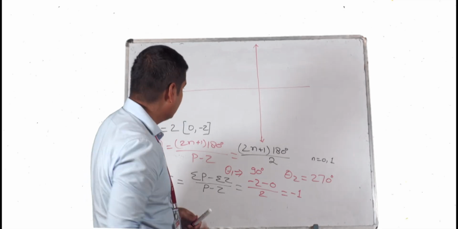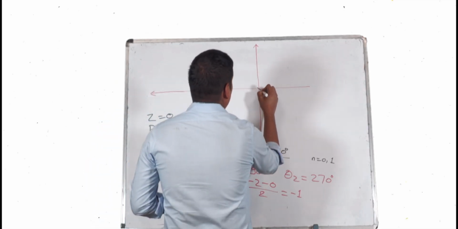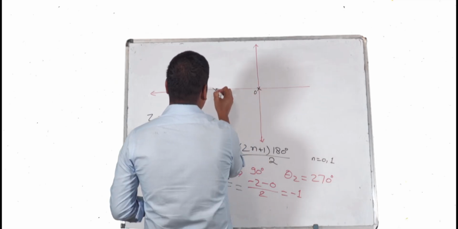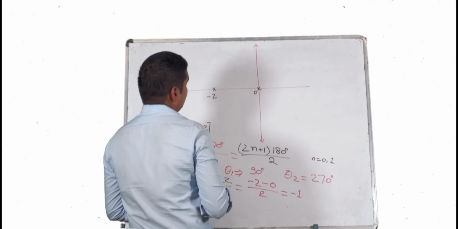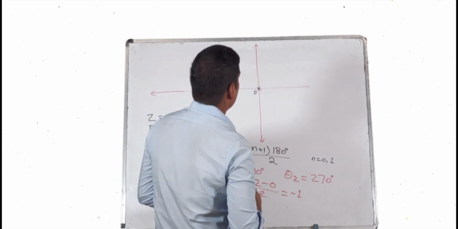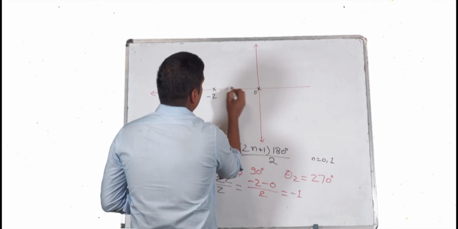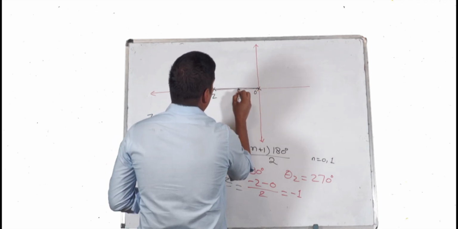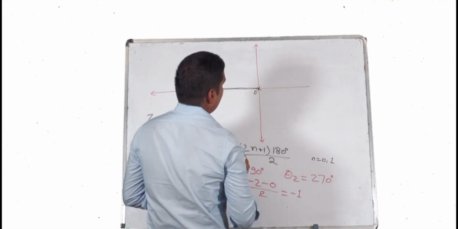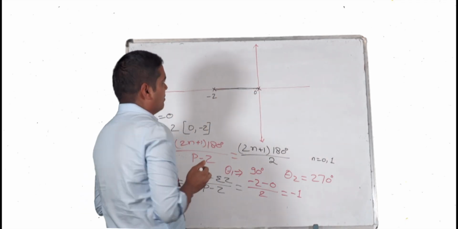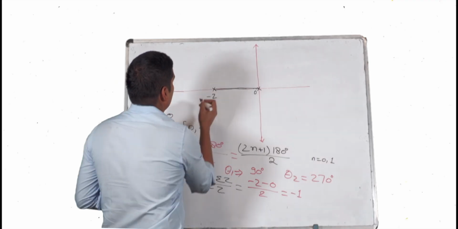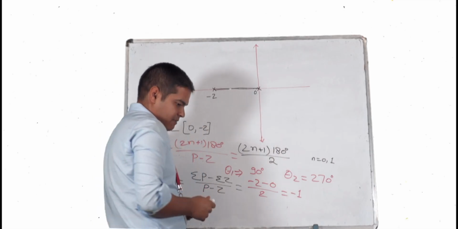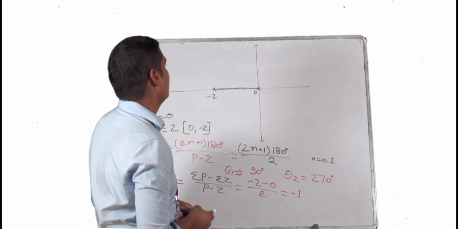First we will mark the location of poles. The first pole is here, at 0, and the second pole is lying here, at minus 2. Let us mark the region where the root locus is going to exist. This region is going to be part of the root locus, because the number of poles and zeros on the right hand side of this part is 1, which is odd. This other part is not going to be part of the root locus because it is even, an even number of poles and zeros are lying on the right hand side of that part.